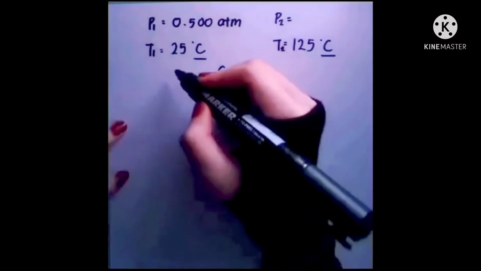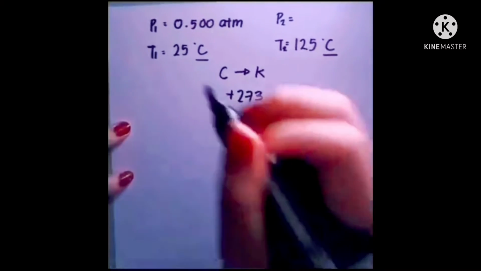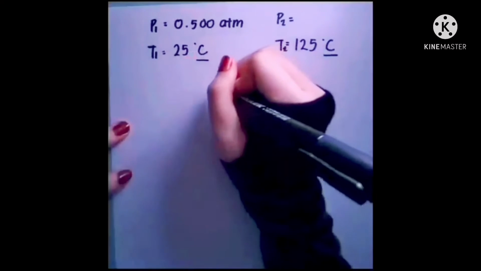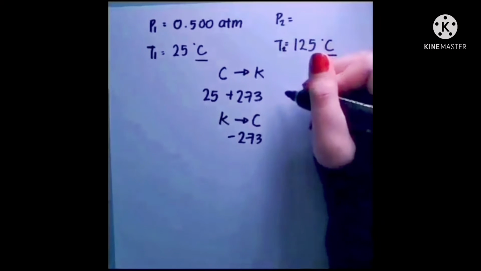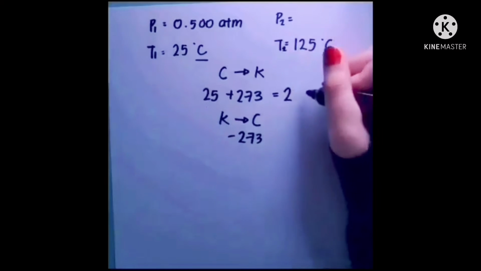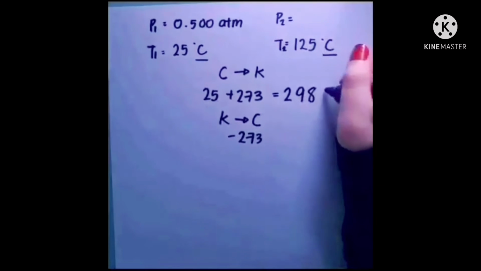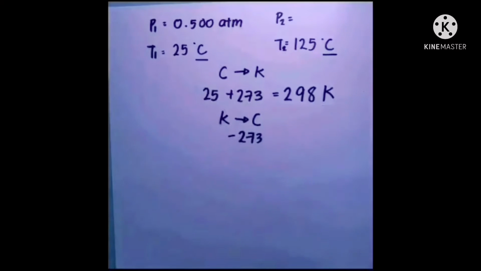So, ngayon, i-convert naman natin ito into Kelvin. So, 25 plus 273 is equals to 298 Kelvin. Huwag natin to kakalimutan yung sign niyan.